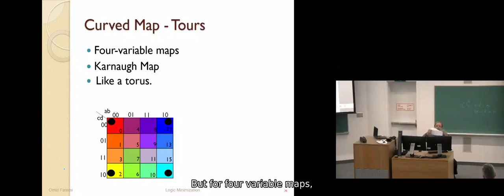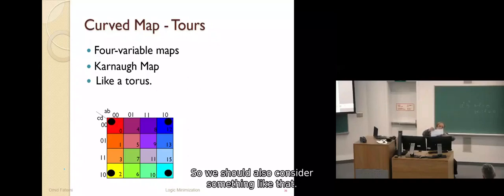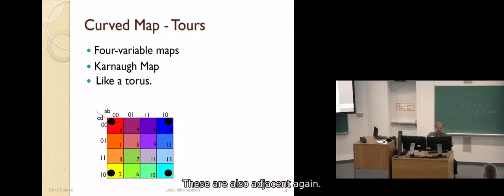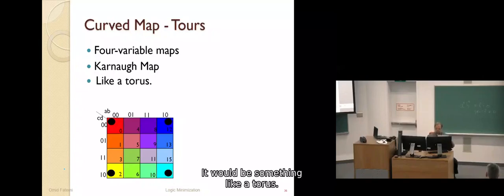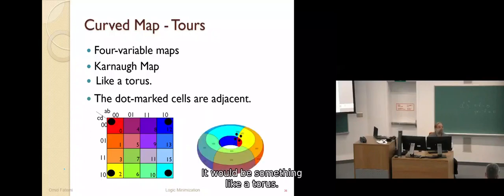But for 4-variable maps, we have 2 rows at top and bottom, and they are also adjacent, so we should also consider this. So these are also adjacent again, either horizontally or vertically. In the 3-variable map, we had a circular curve. Here we have a spherical curve, so it would be something like a torus.